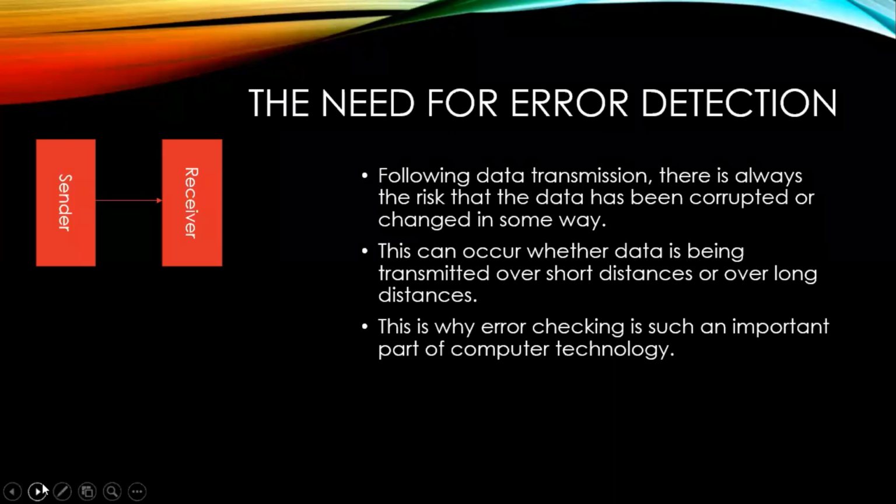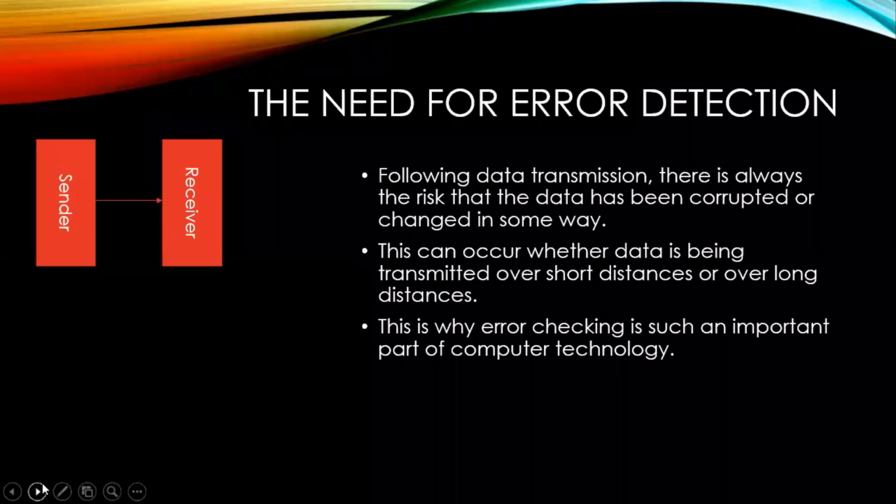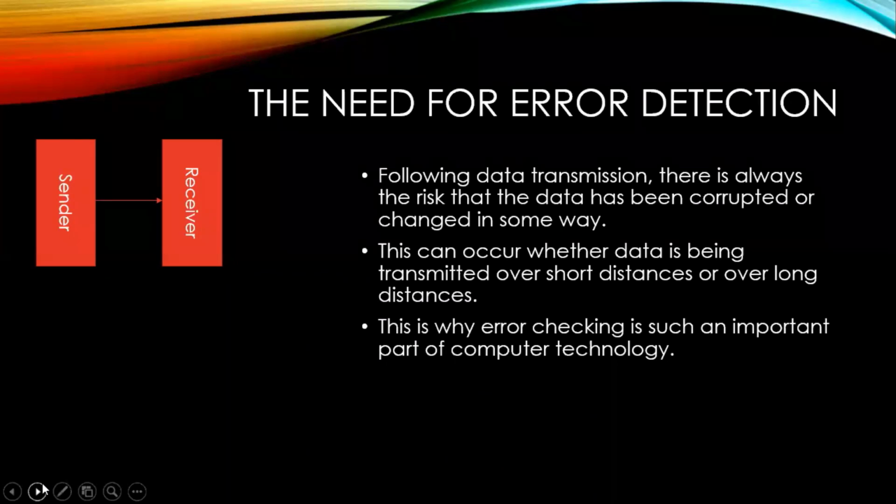It may happen that we are sending a file from a sender to a receiver, and the file is corrupted, or maybe it has been hacked in some way, and it is very important that we have some form of error detection techniques. There are several methods of error detection depending on what kind of errors we want to detect, and some of them do have some shortcomings.